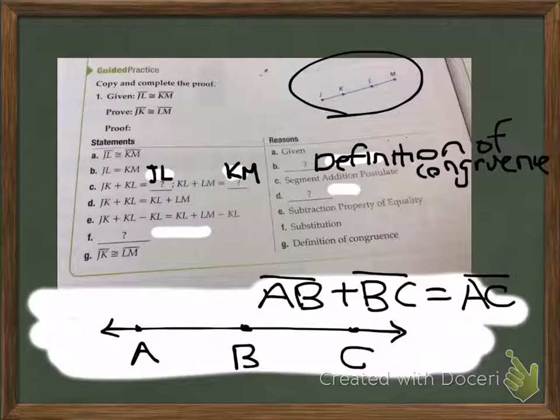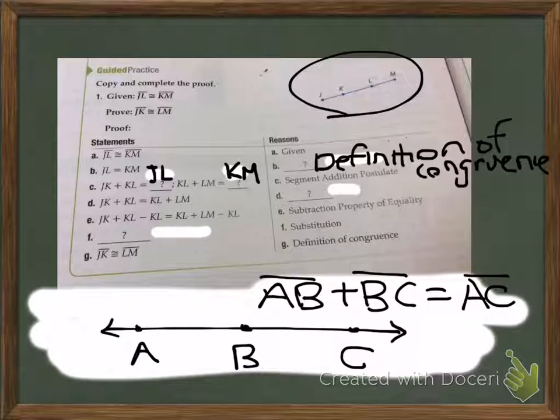Now, if you notice what they've done for the next step, they've taken out basically what each segment addition was for part C, and they've put them equal to each other. So part C, it said JK plus KL equals JL, and KL plus LM equals KM.